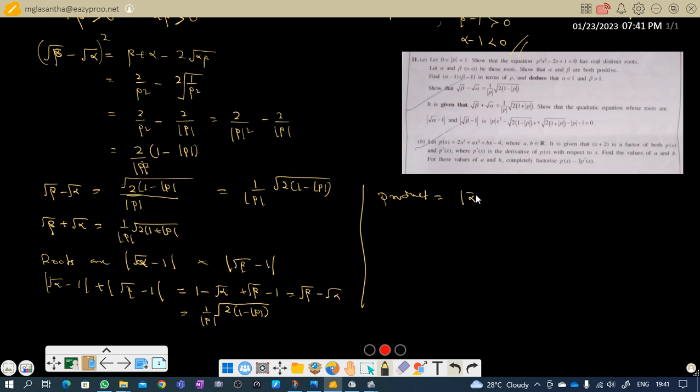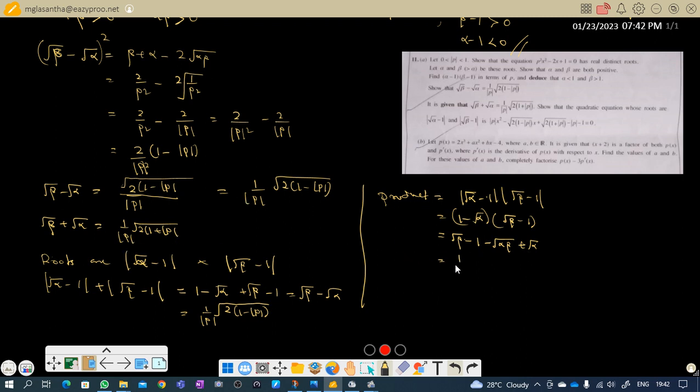equals the modulus of root alpha minus 1 into root beta minus 1. So this equals 1 minus square root alpha into square root beta minus 1. Now you can multiply this out: square root beta minus 1 minus square root alpha beta plus square root alpha. So this equals square root alpha plus square root beta, you are given that value.